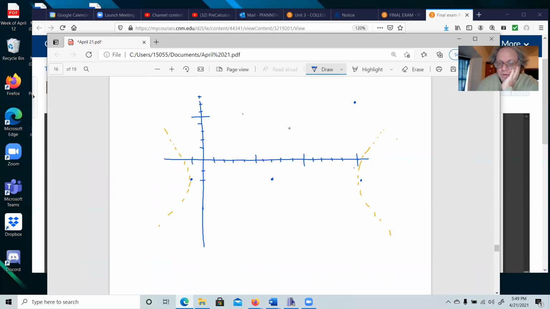So 1, 2, 3, 4, 5, 6, 7, there we go. I think we're 12 down here. Okay. So we have to do the same thing over here. So we're going to be up here and down here. Oops, sorry, didn't quite make it.